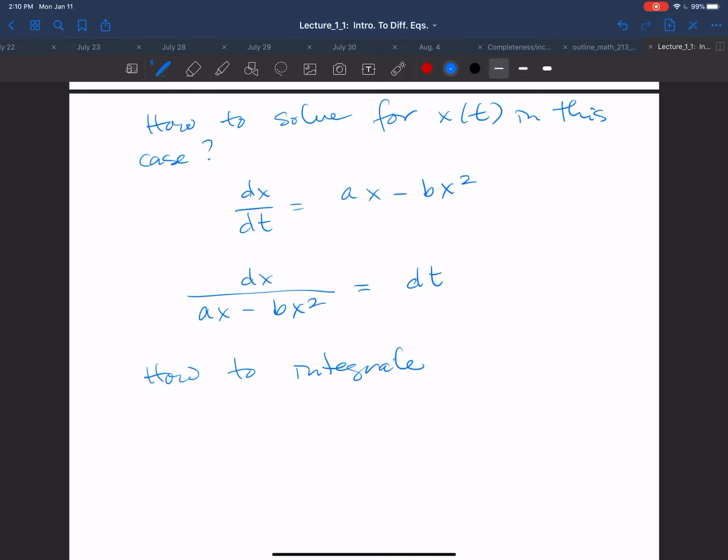How are we going to integrate the left-hand side? Well, this looks like a good candidate for using the method of partial fractions. And let's go through this exercise because we're going to be using partial fractions quite a bit later on in the course.